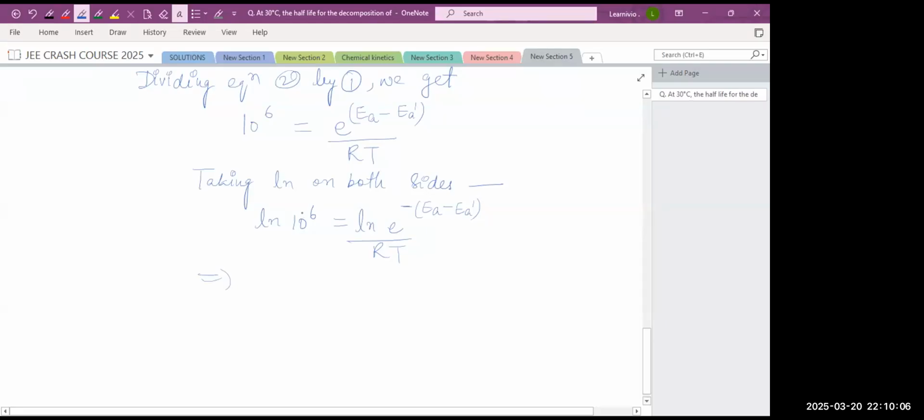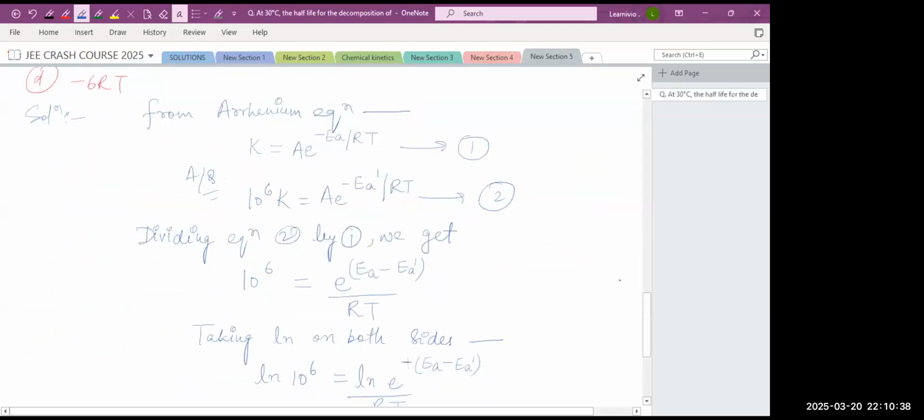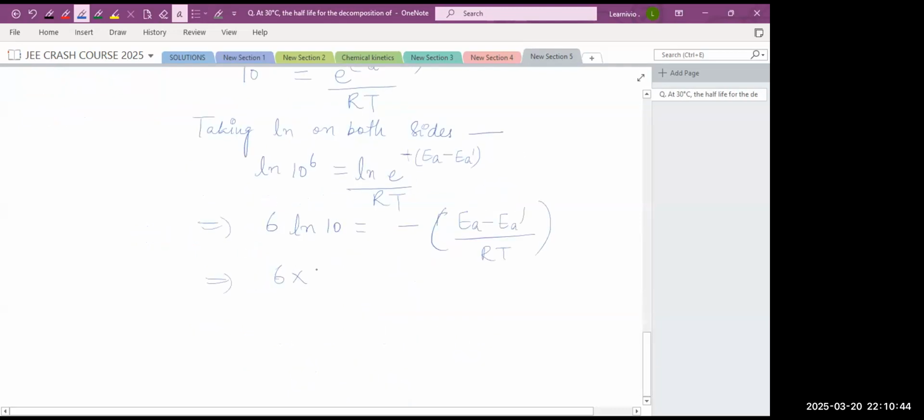When you take the log, you will get 6 ln 10 on one side, and this will give you minus EA minus EA dash on RT. Now substitute the value of 6 into ln 10, which is also given in the question as 2.303.